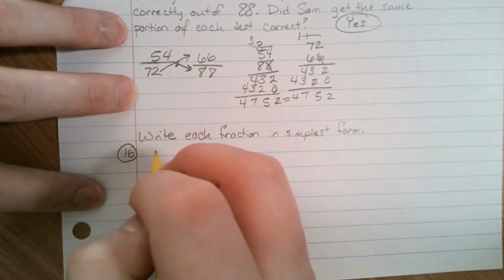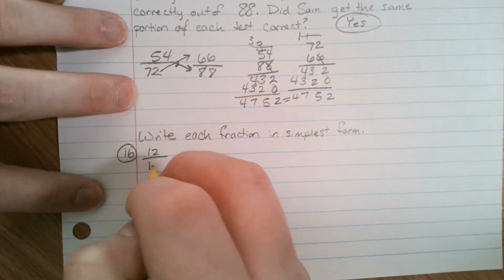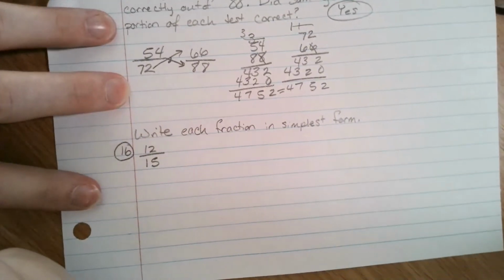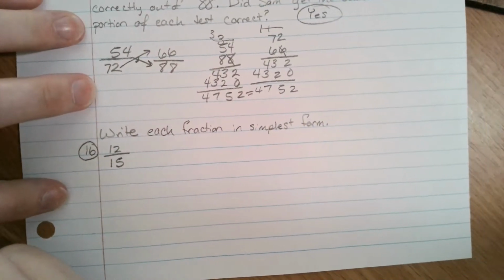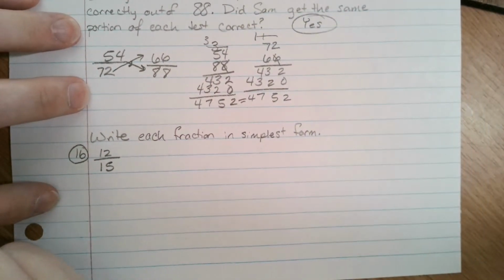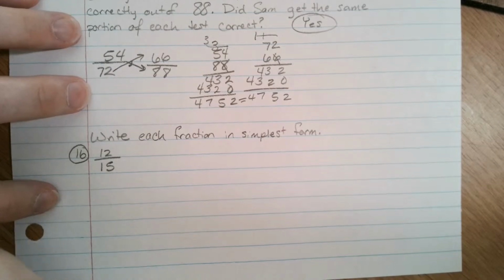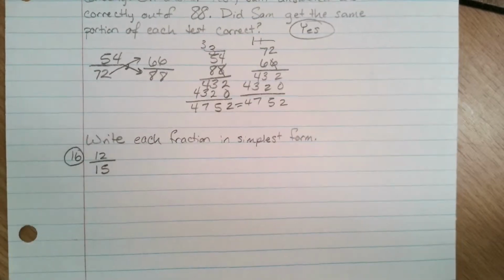Number 16, we are provided with 12 over 15. And I will alternate between approaches. So I'll try to show examples of the use of each approach, either factoring or dividing each number by something they may have in common.